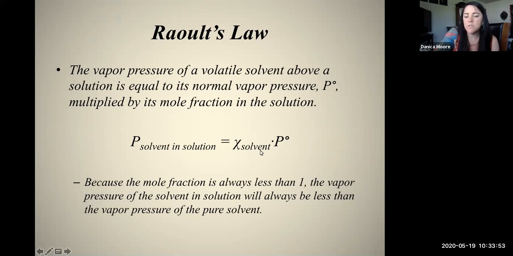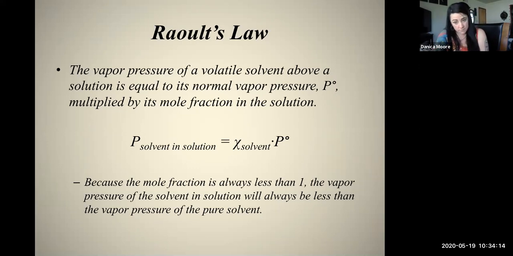This is talking about the mole fraction of the solvent. Because the mole fraction is always less than 1, the vapor pressure of the solvent in the solution will always be less than the vapor pressure of the pure solvent, okay?